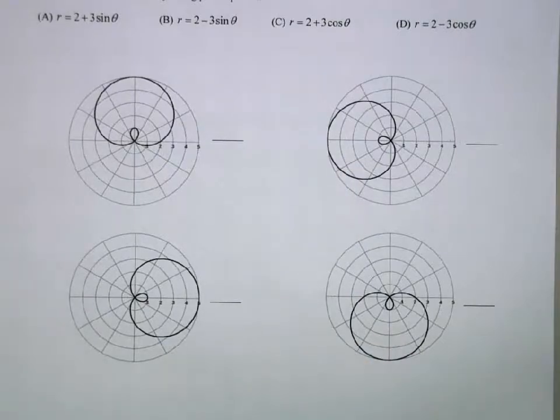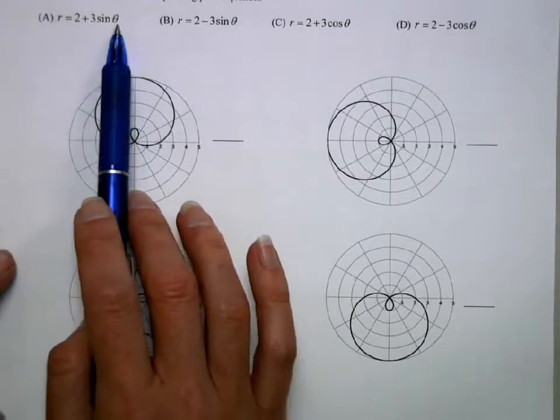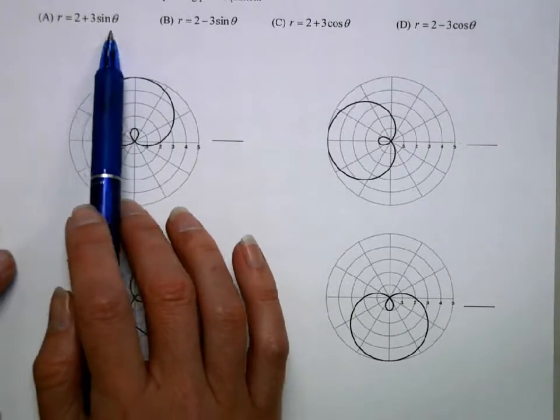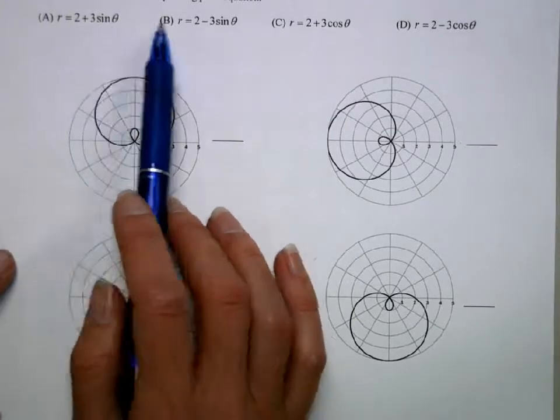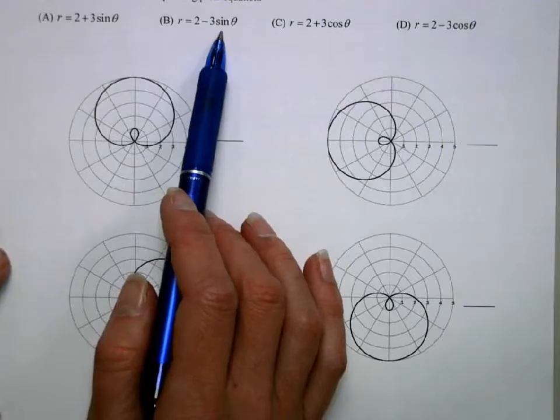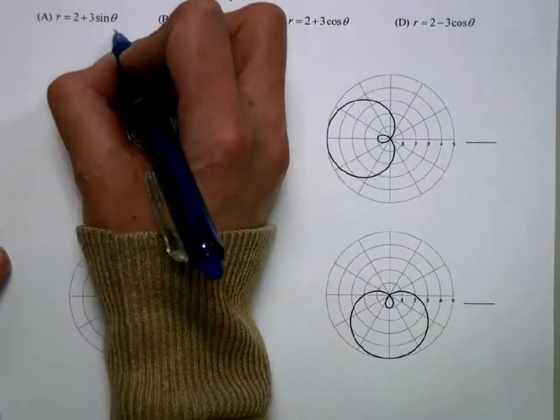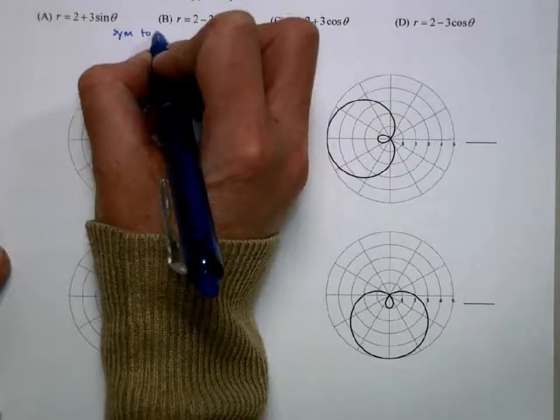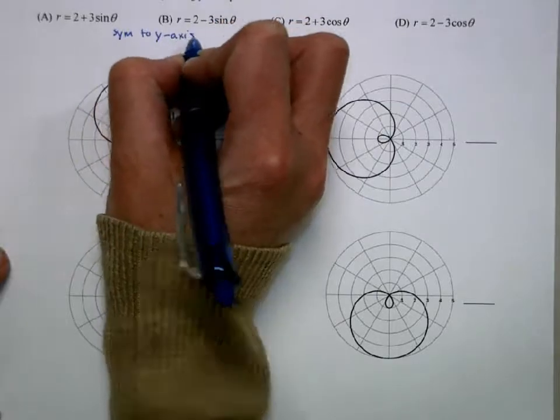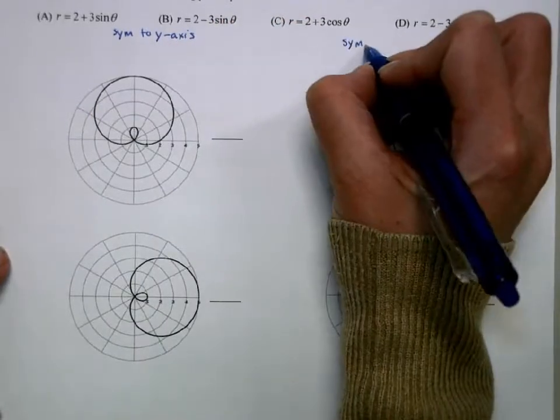Some shortcuts: when we have a normal classical polar curve, if our graph is a sine, it's going to be symmetric to the y-axis. If it's a cosine, it's going to be symmetric to the x-axis.